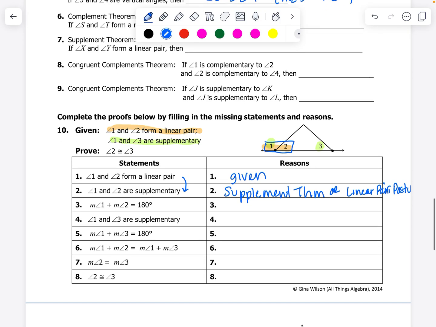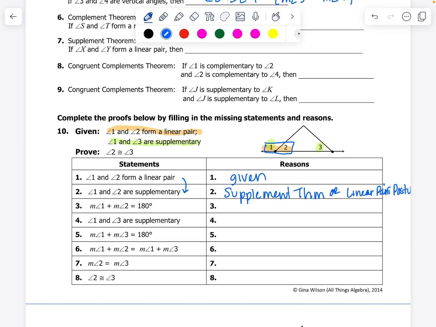So now you got to listen, which I know can be hard to do. And we'll see if I can charge my pen for a second. So if I know that 1 and 2 are supplementary, I know that they add to be 180. That is the definition of what supplementary angles say, okay? They're supplementary, they add to be 180. All right, charge it for a second and we're good.